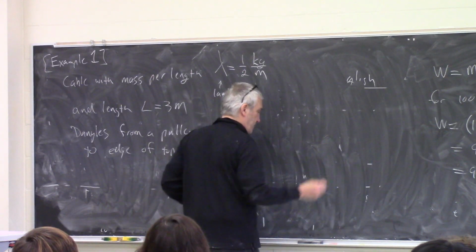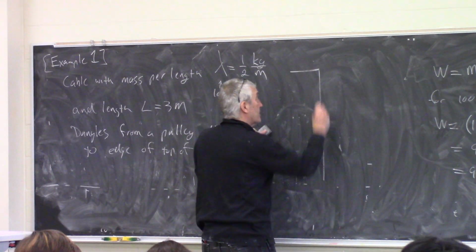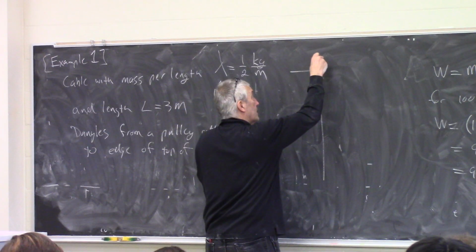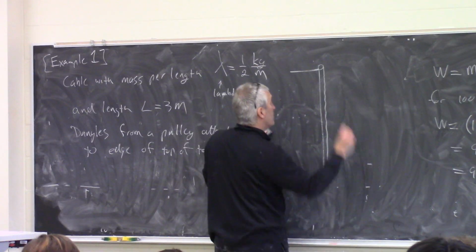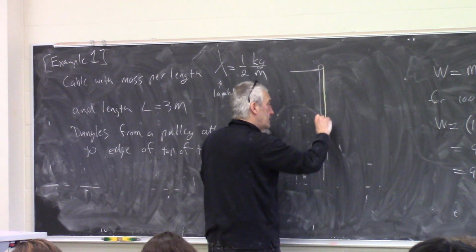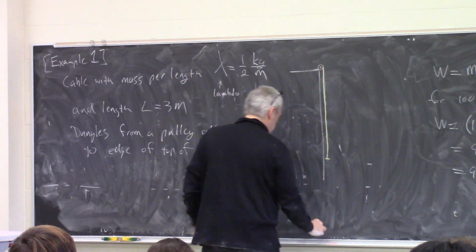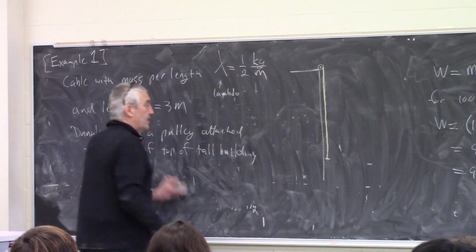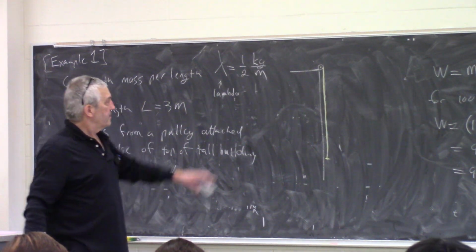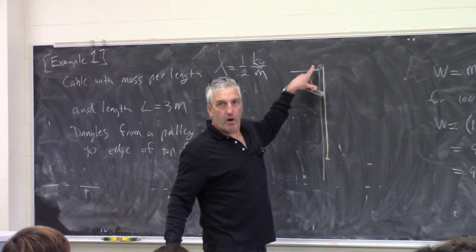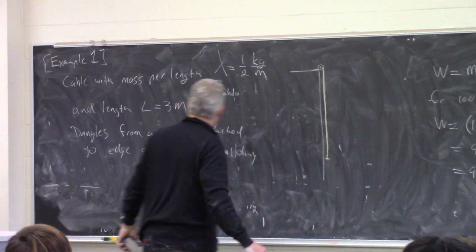So here's my situation. I've got this tall building, I've got a pulley here, and I've got dangling from this pulley this cable. I'm going to color my cable yellow. The question is, how much work is required to spool that cable onto that pulley? In other words, to lift all this cable up and get it around that pulley.